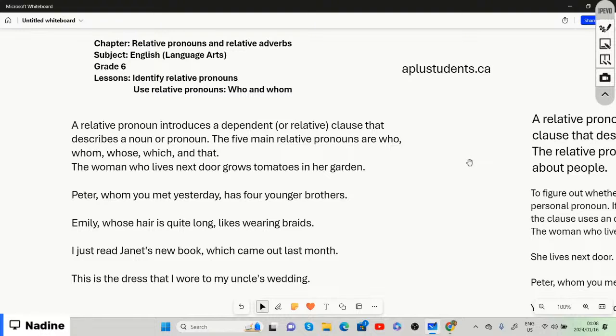And we said a relative pronoun introduces a dependent clause, meaning that it cannot stand on its own, that describes a noun or pronoun. And the five relative pronouns are who, whom, whose, which, and that.